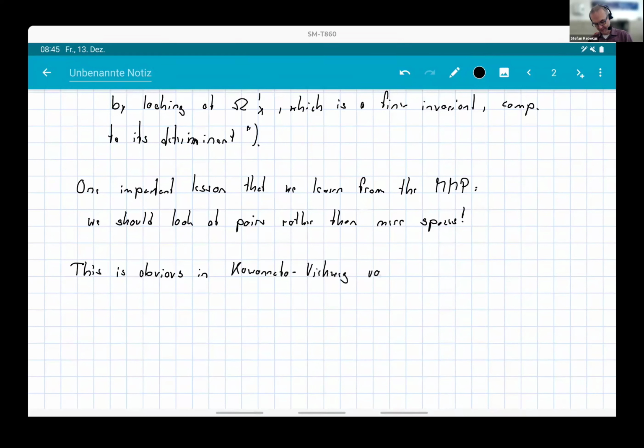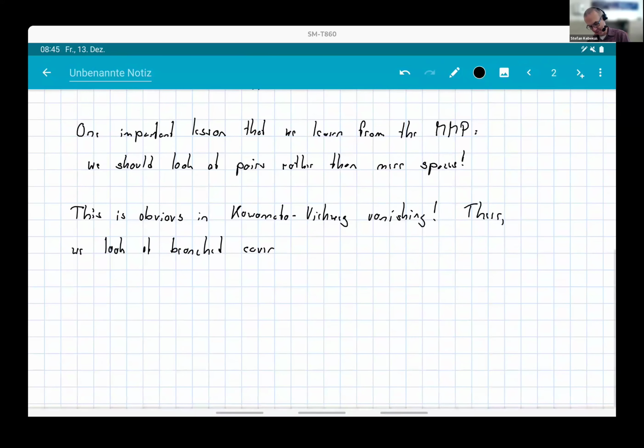Kawamata-Viehweg vanishing theorem. There, we look at a branched cover, and let me draw a silly little picture. This is the simplest branched cover I can think of.